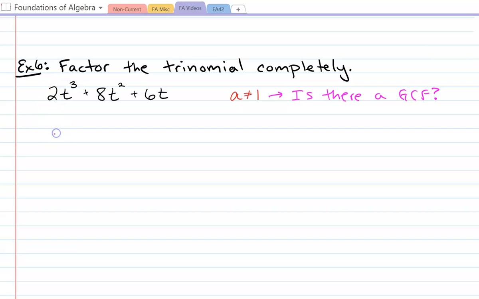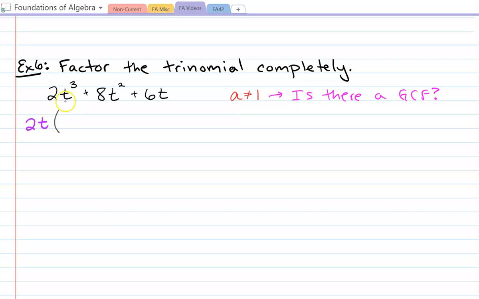And yes, there is. We have t from every term, and they're all even numbers, so we can also pull out a 2. So if we have a GCF of 2t, what are our leftovers here?